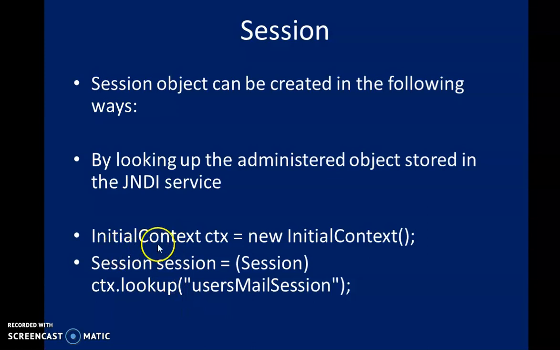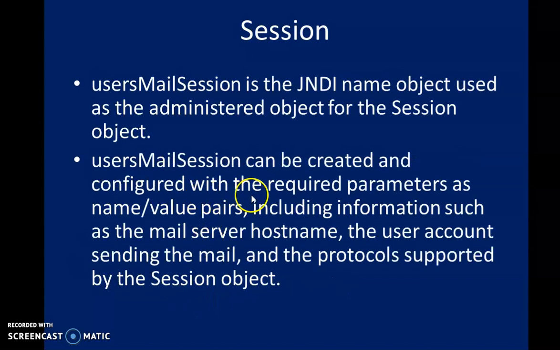First we have to create the initial context, and then create a session using the syntax ctx.lookup("UserMailSession"). It can be created with the required parameters, like the mail server name, the user account sending the mail, and the protocol supported.